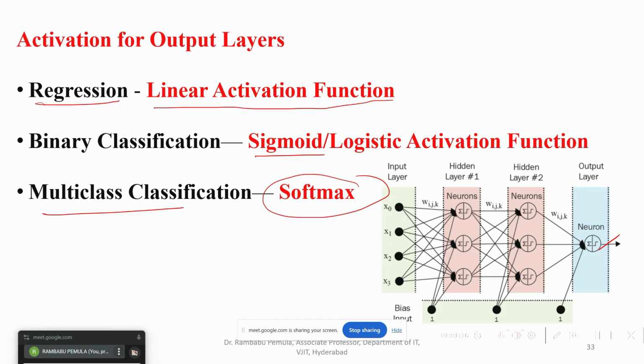In most cases, in the output layer we use softmax, and in the hidden layers we use ReLU, Tanh, or Sigmoid. So this is the thumb rule in order to develop artificial neural network programs.